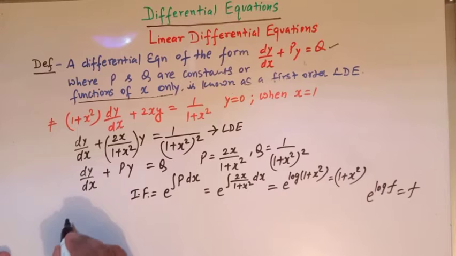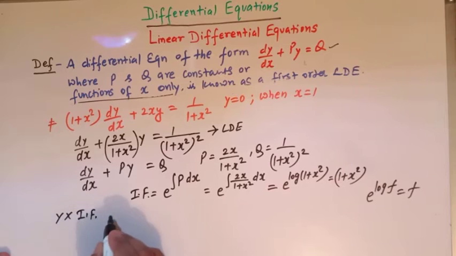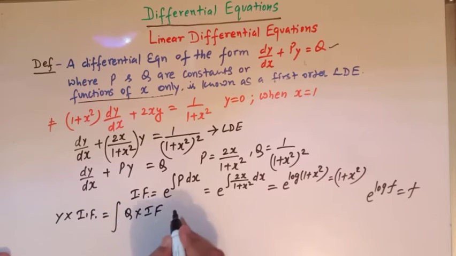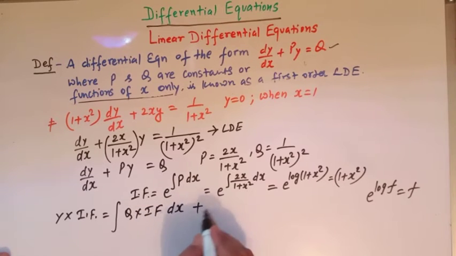Okay, now the solution of this differential equation is given by y times integrating factor is equal to integral of q times integrating factor dx plus c. Clear? Now let us substitute the values.